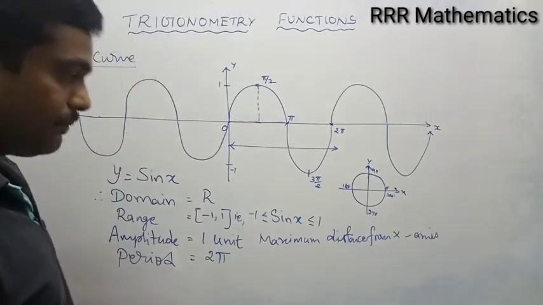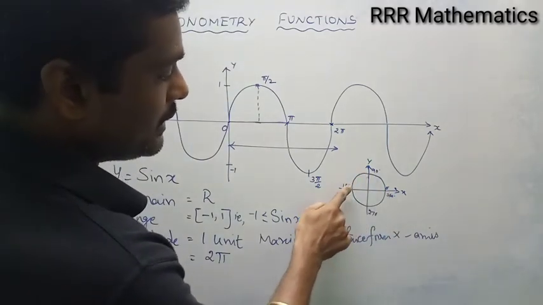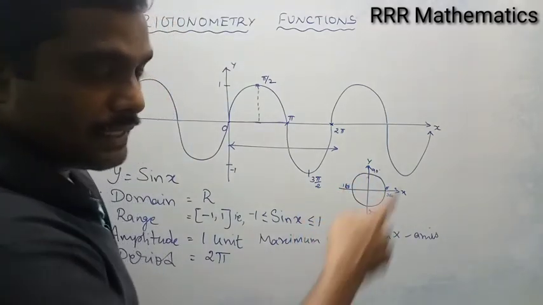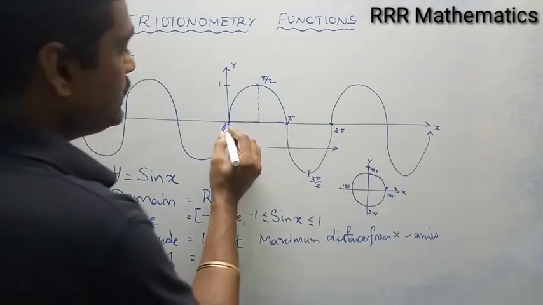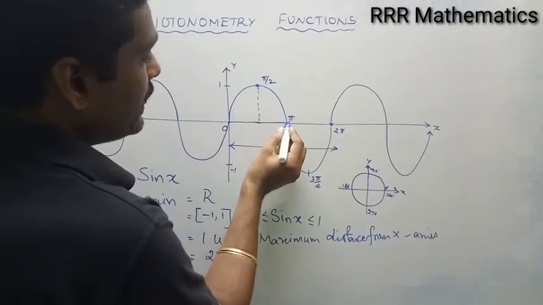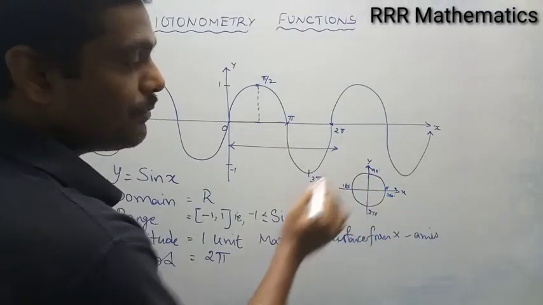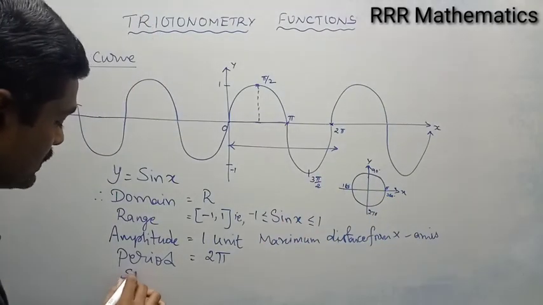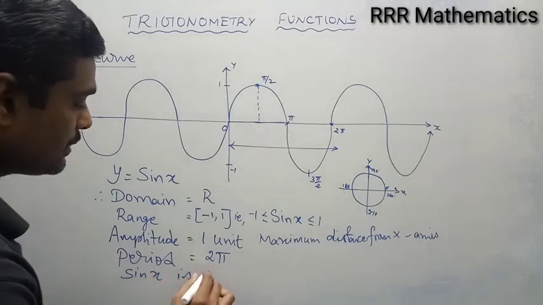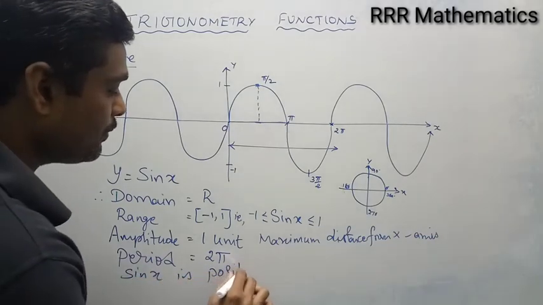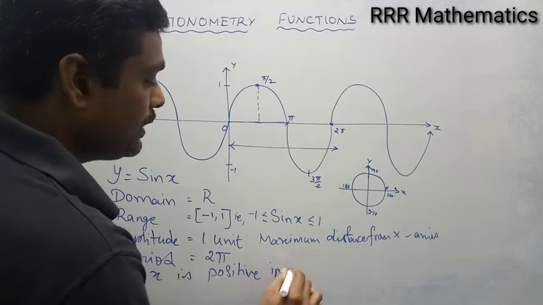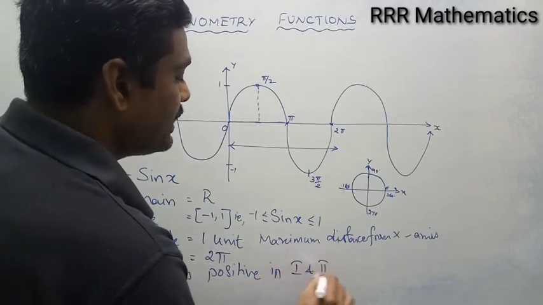Try to understand. See, 0 to 180 is above the x-axis. So sine x is positive in the first and second quadrant.